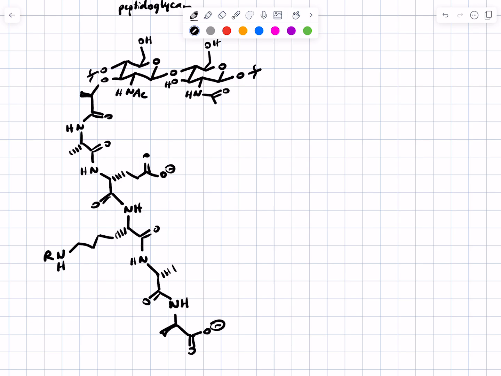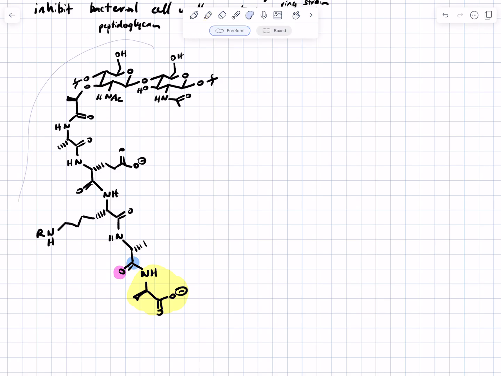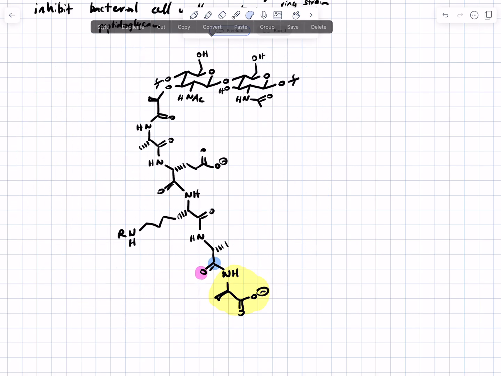Okay, there it is. So to understand what's going on here, we need to first have an idea of what nature's trying to do. Here is a carbonyl carbon and an oxygen, and here is a nitrogen, and we'll call all of this our proposed leaving group. What I've shown you is one subunit of bacterial cell wall peptidoglycan.